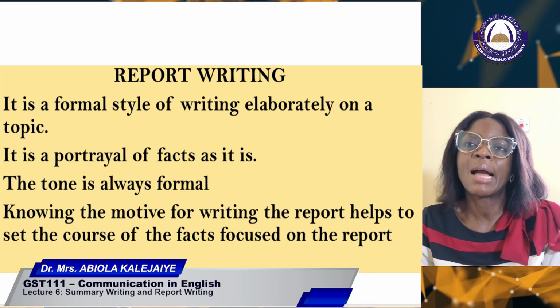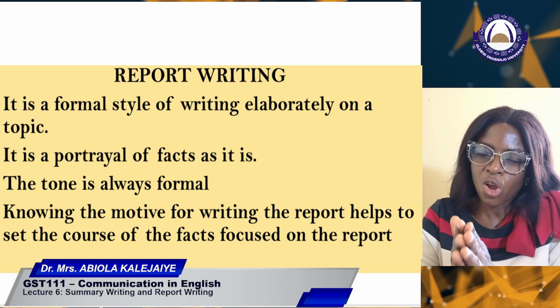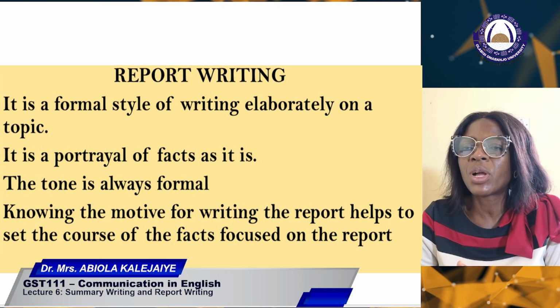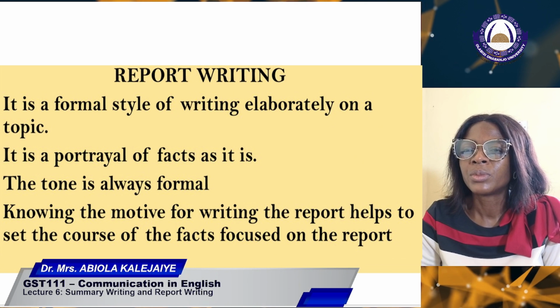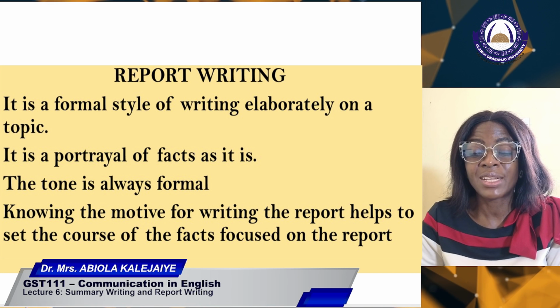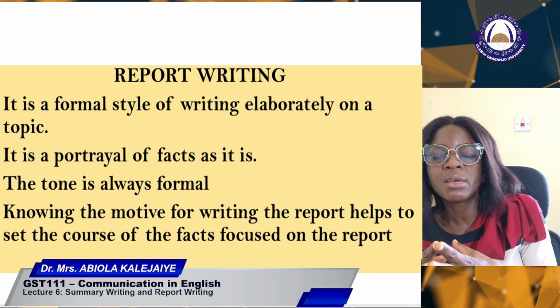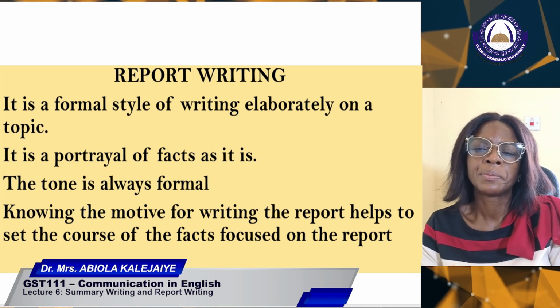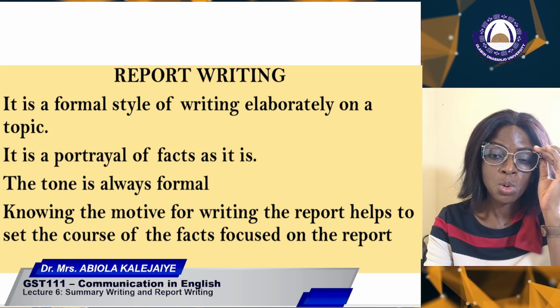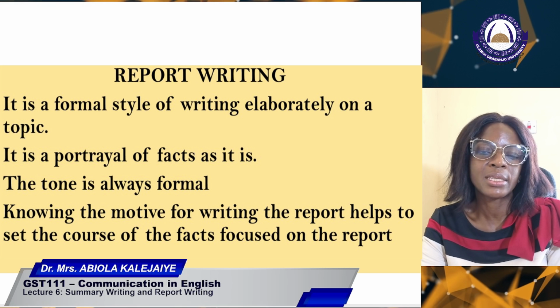So when you're writing about the cause of the fire accident, the report did not say the victims. You're trying to write the cause. You can just make mention of, okay, there were victims in passing. So it's important you know the motive for writing a report.